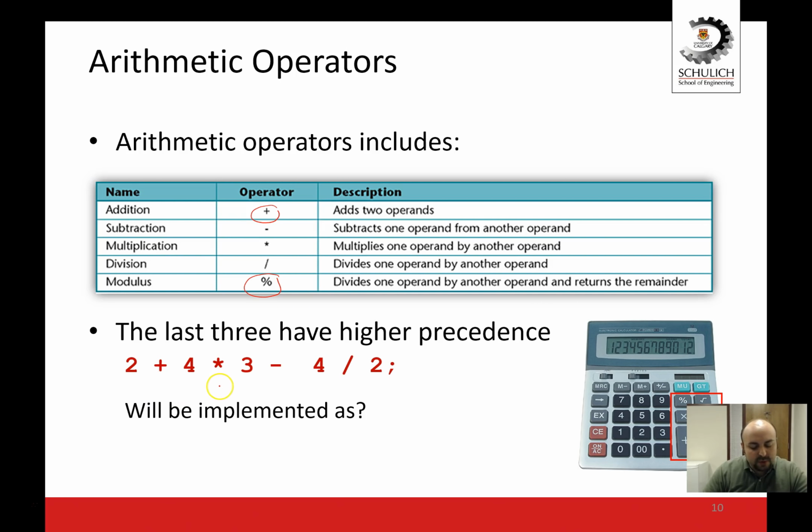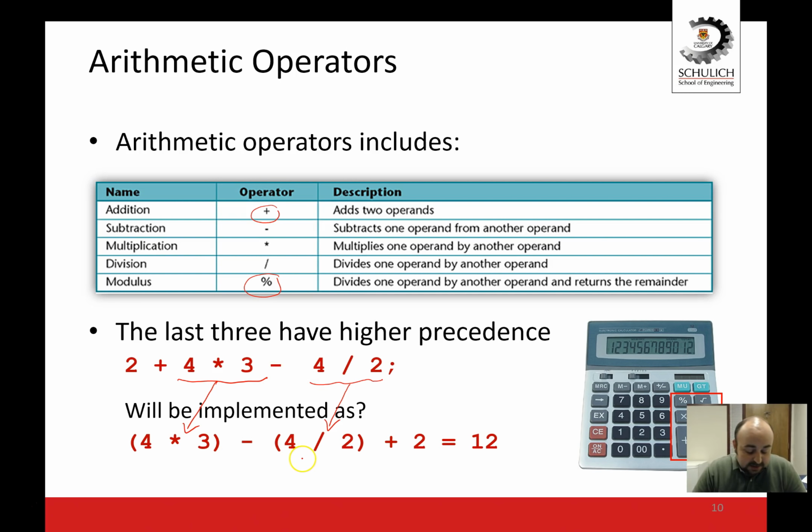If you have 2 plus 4 times 3 minus 4 divided by 2, this could be written as follows: 4 times 3 and 4 divided by 2. And these two expressions, we're subtracting the second from the first, and then plus 2 at the end, and we get 12. And that's basically how this is done.